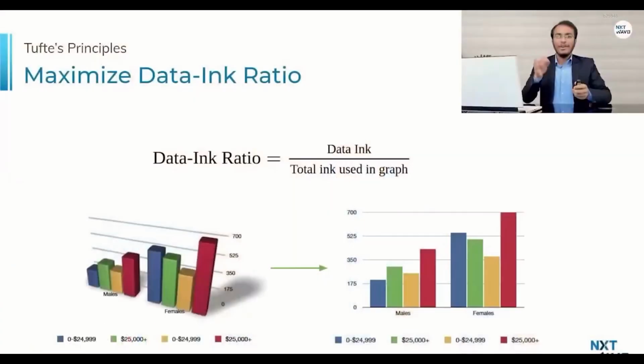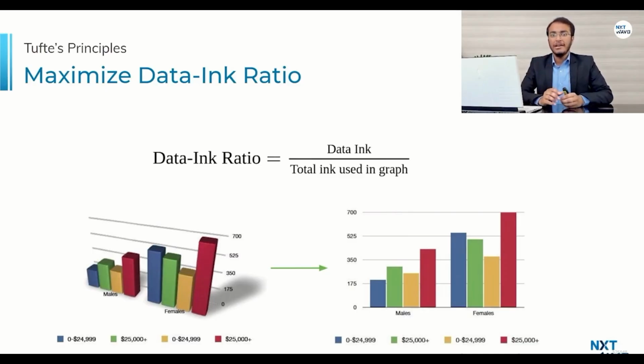So then what is data ink? Data ink refers to the ink that is actually used to represent the data. And what is the total ink? It includes the ink that is not essentially representing the data, but is adding some additional effects to the data. You can see this in the example below.